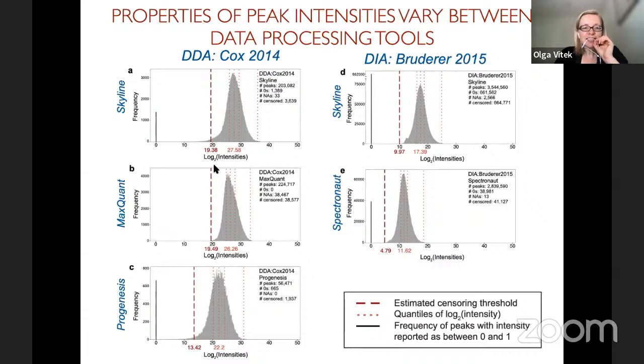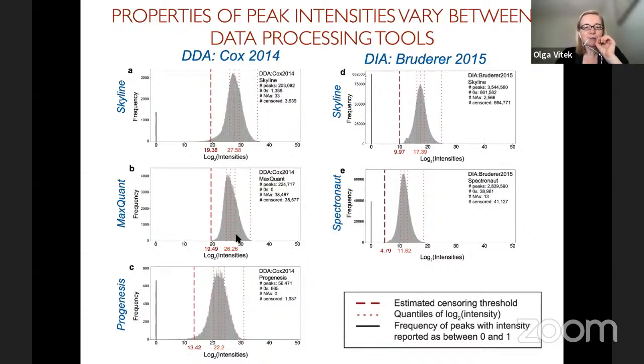So what we see here is that these gray histograms summarize the log intensity of everything in this data set: across all runs, across all proteins, across all features, charges, everything. And the x-axes are the same in both cases. So what we see already is that the location of the histograms changes.